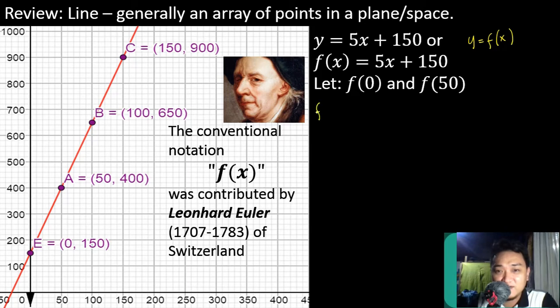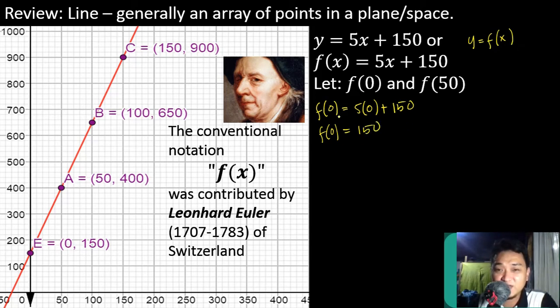If the function has a value of 0 or f of 0, that is also the same as 5 times 0 plus 150. Solving this further, you have 5 times 0 is 0. What is left is 150. So therefore, f of 0 is 150.